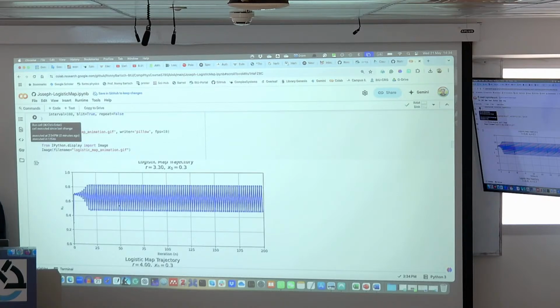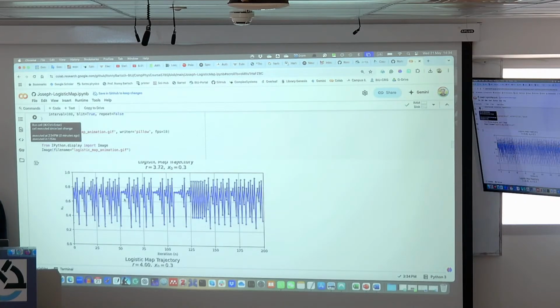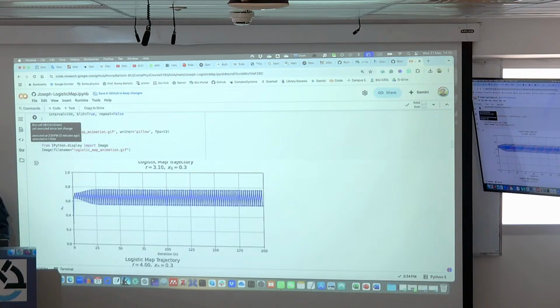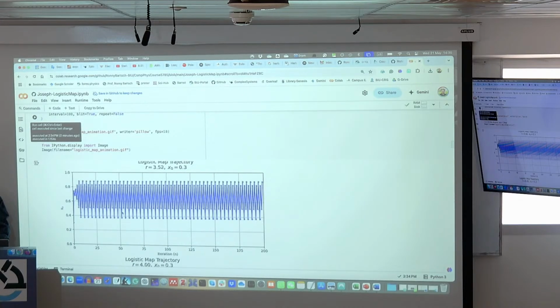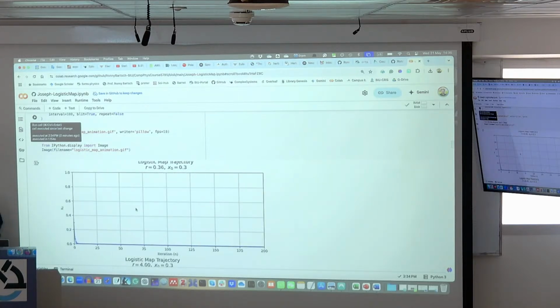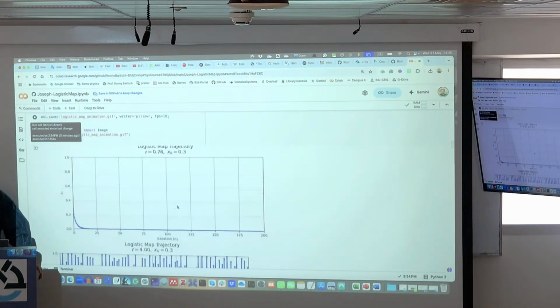First it converges to 0, then it converges to a constant, then it will give you two stable points. Here the upper is the first one and the lower is the second stable point. Then it occurs in cycles. That's how it changes.